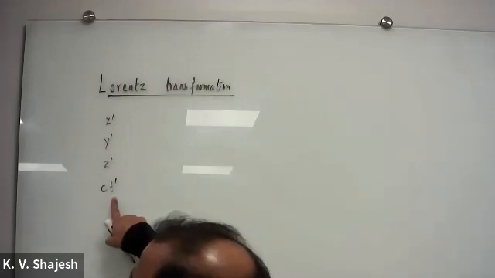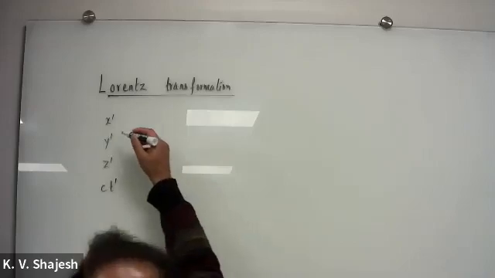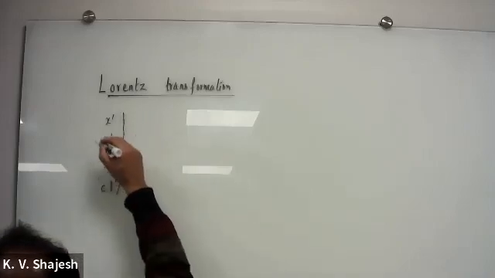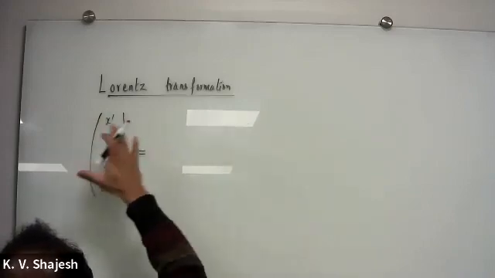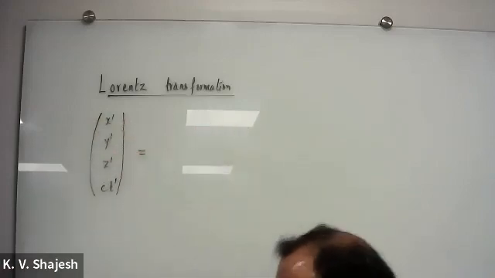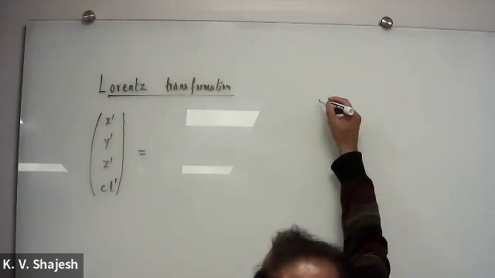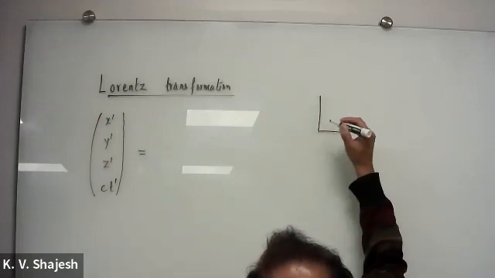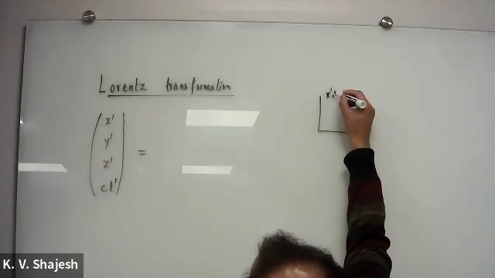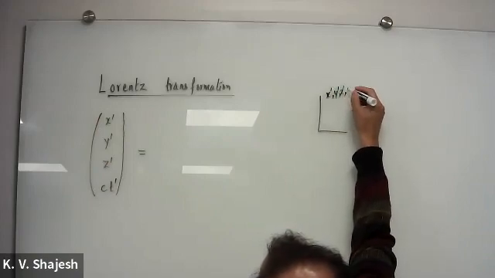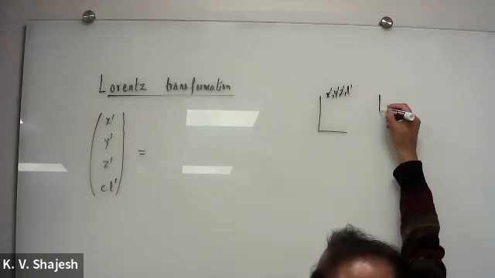Speed of light times time has a dimension of length. So the two frames that we are talking about: we have one frame that measures x, y, z, and t, and another that measures x prime, y prime, z prime, and t prime.